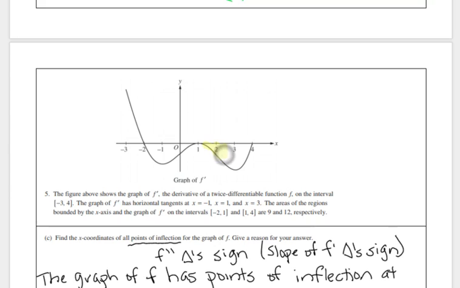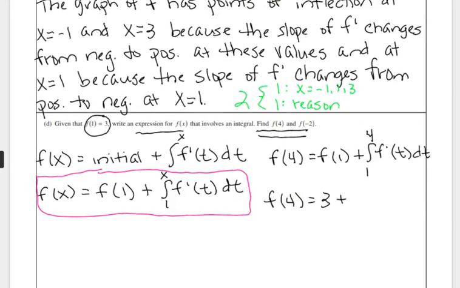So from 1 to 4 is this area here. If we look, they gave us the area from 1 to 4 as 12. We have to know that because it's below the x-axis, it's actually negative 12. So this is plus negative 12. And so we get that f of 4 is equal to negative 9.